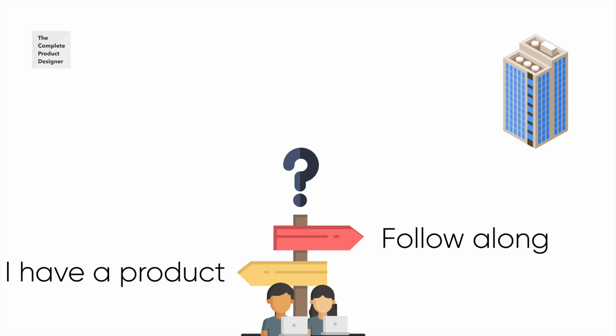We wanted to create this course so that in the future, when you get different clients, you can keep coming back to these sections and follow the steps all along so that you have a professional, full-fledged system that takes you from zero all the way to mastery, to wowing your clients. So decide on these two paths, whether you want to just follow along and customize the product that we're going to build, or you already have something that you wanted to work on and follow along the steps and create your own product. I'm excited to see what you end up with at the end of the course.